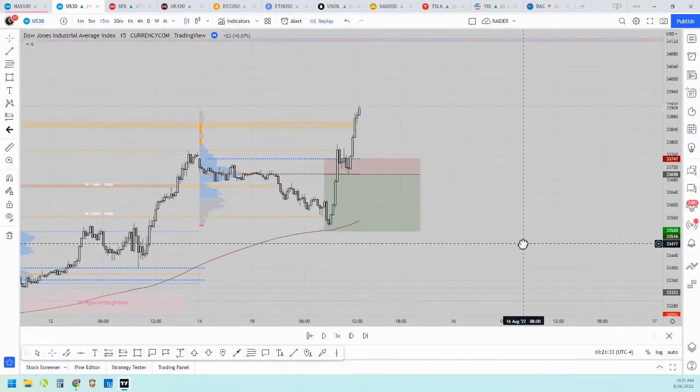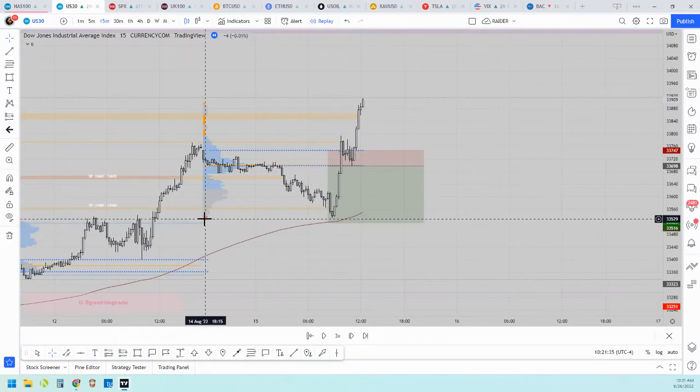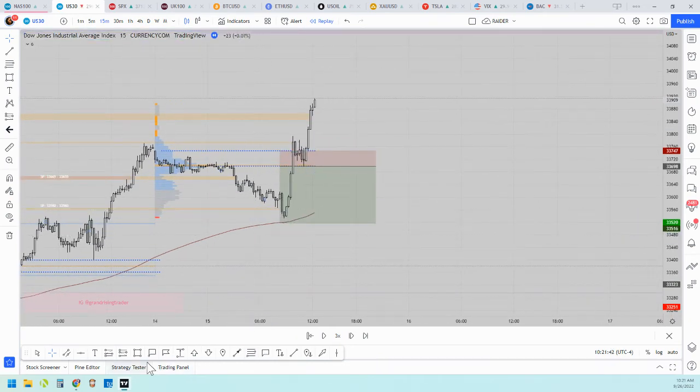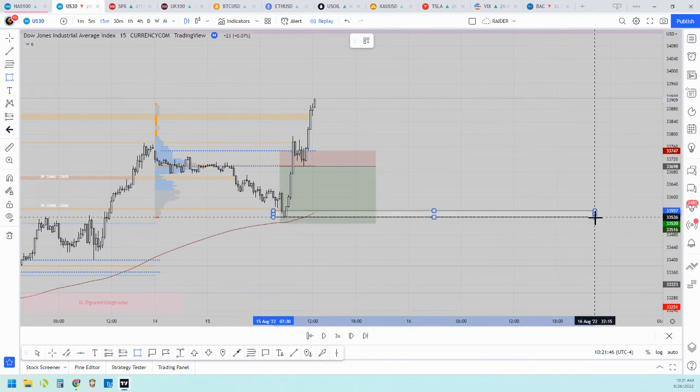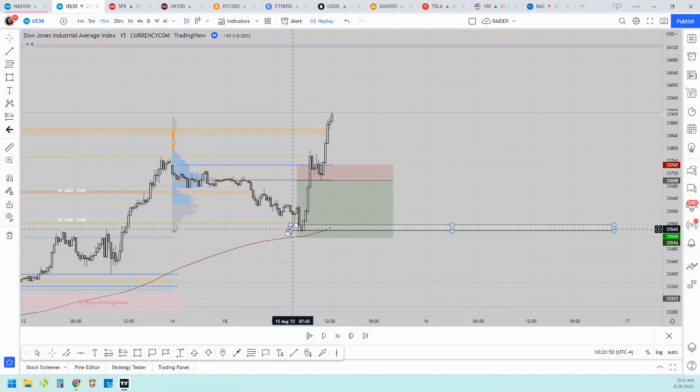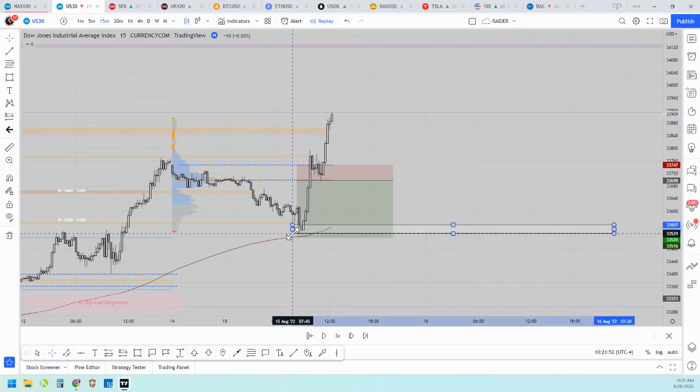That's the fun part. Now this right here, I'm going to mark this bad boy. That is going to get filled again somehow, in some way.